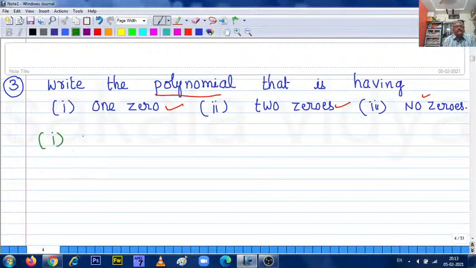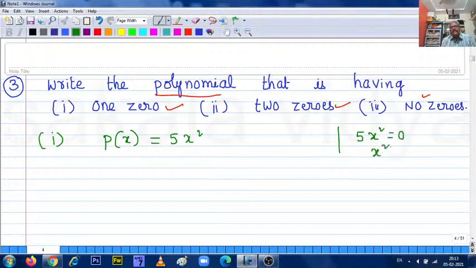Example for 1 zero. Say p of x equals 5x square. If 5x square equals 0, you get x square equals 0, so x is equal to root of 0, you get 0. It has only one zero.